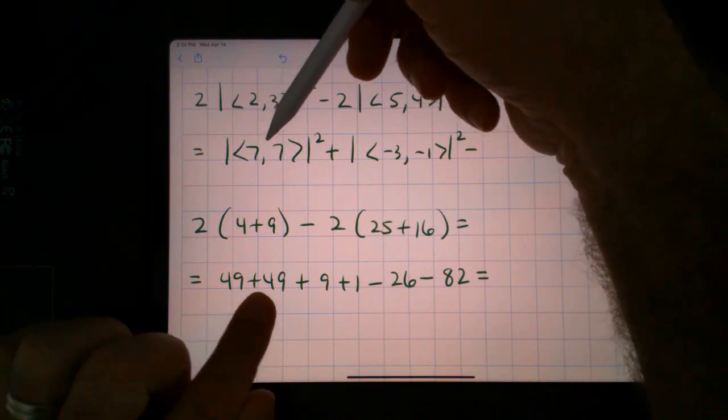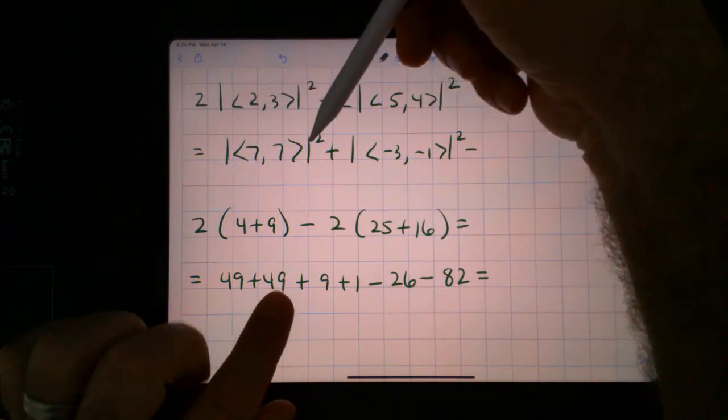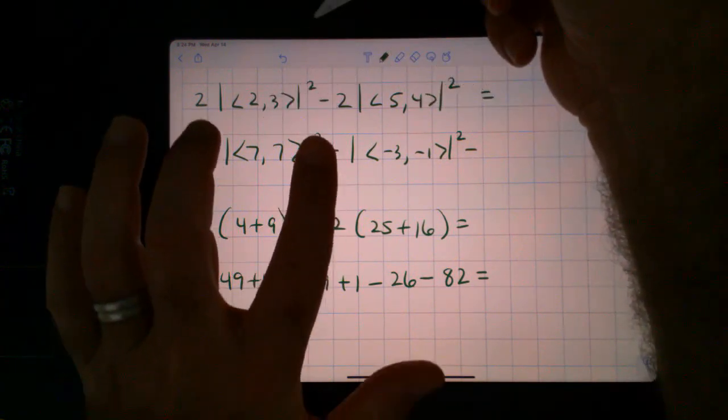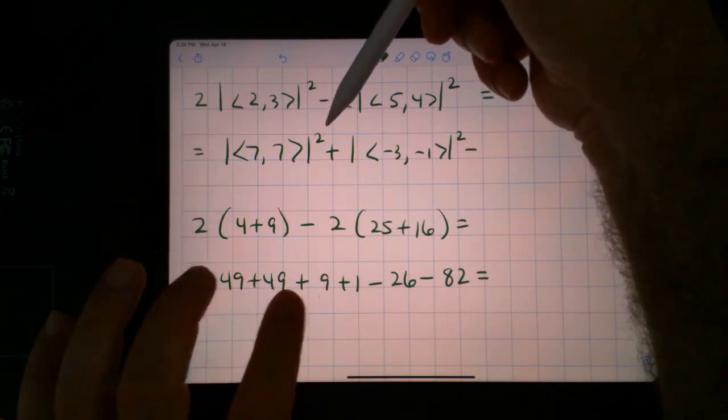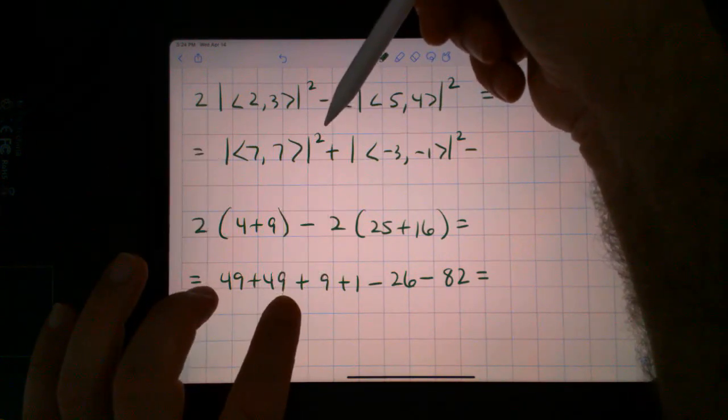Square the first term, square the second term. The absolute value, the magnitude means square root, and then square that. The radical goes away.